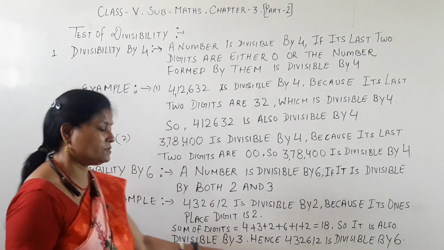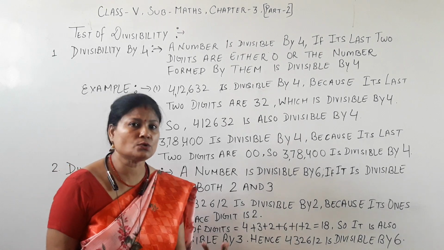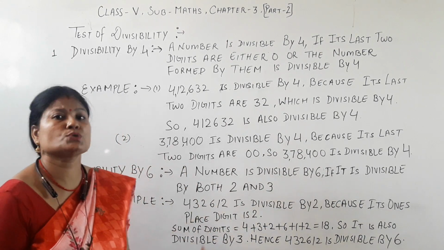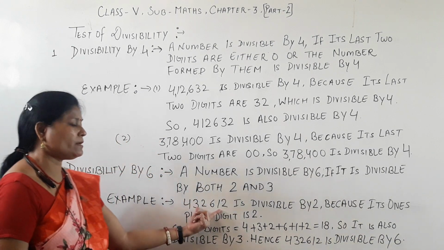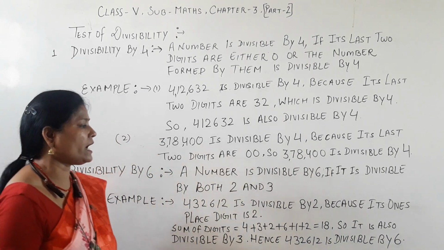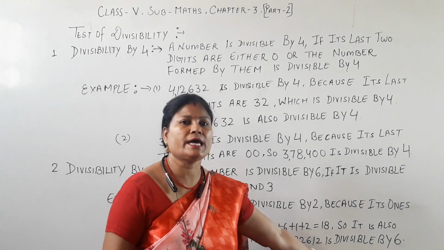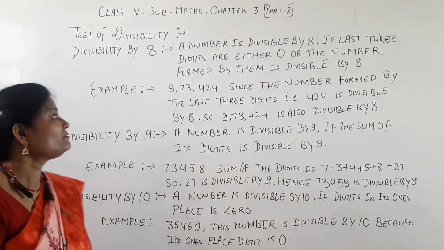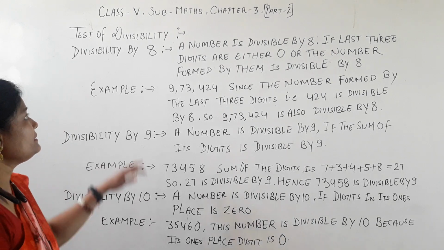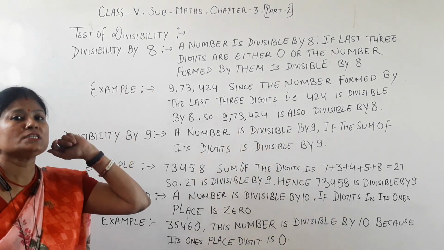So this number is divisible by 3. I have checked both rules, 2 and 3, because 2 and 3 are both factors of 6. So this number is divisible by 2 and 3, and we can say that this number is also divisible by 6. Understood? Yes children, we have already done the divisibility rule of 6.